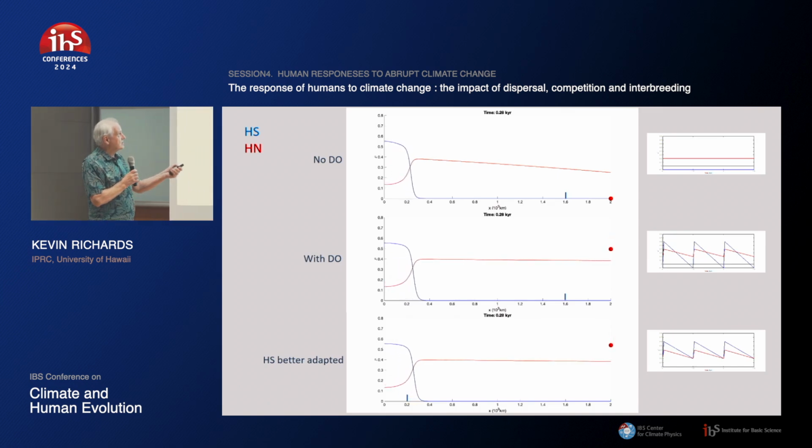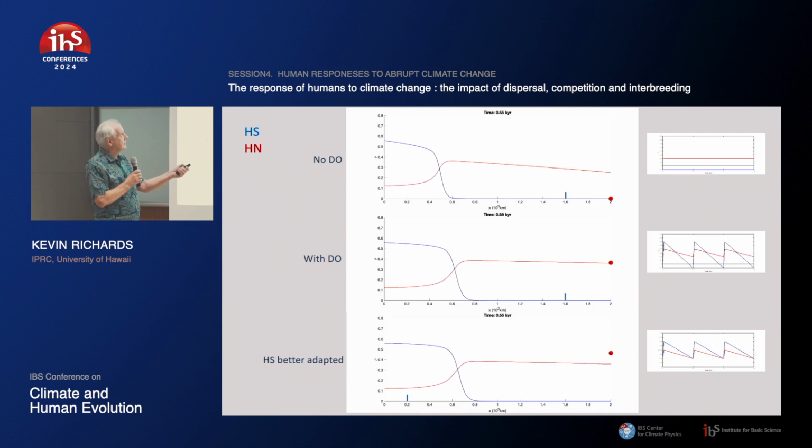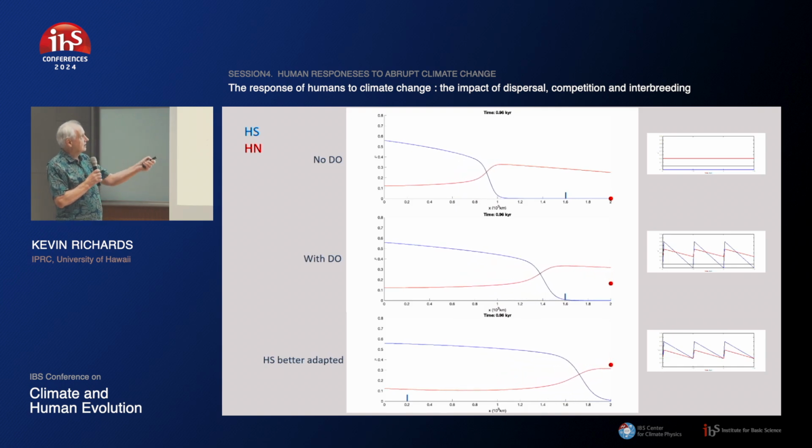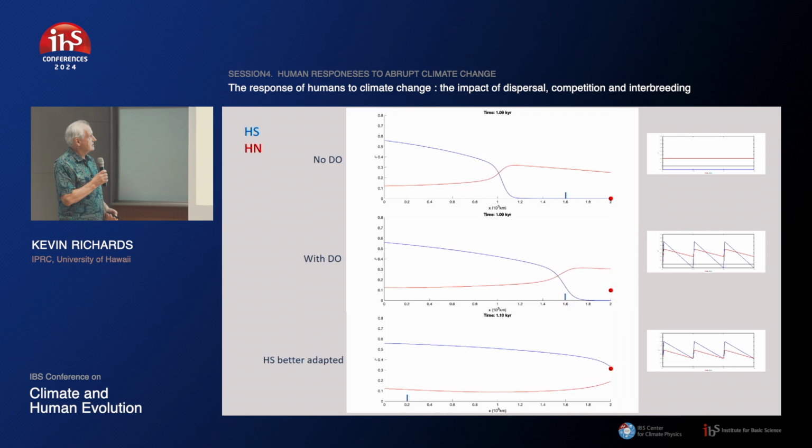So as before, we see a front of Homo sapiens propagating across the domain, leaving a coexistence in all three cases.